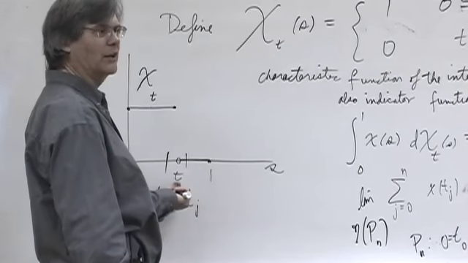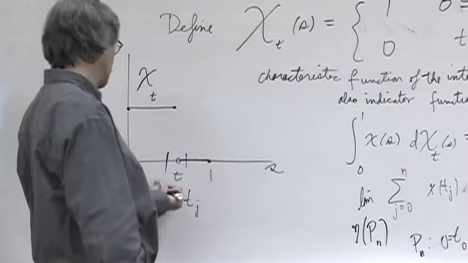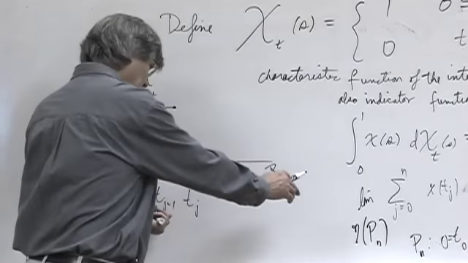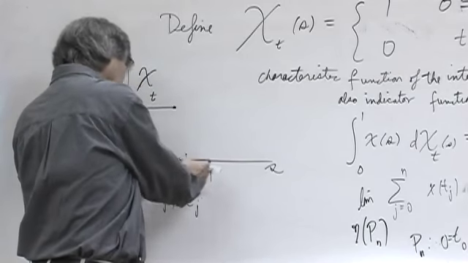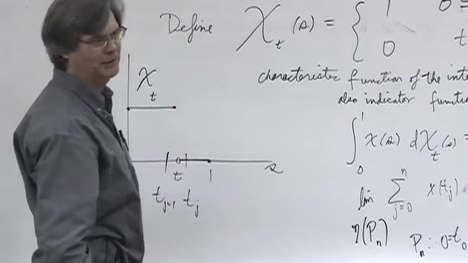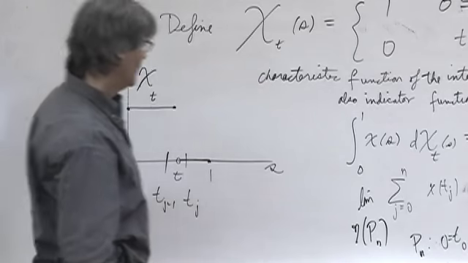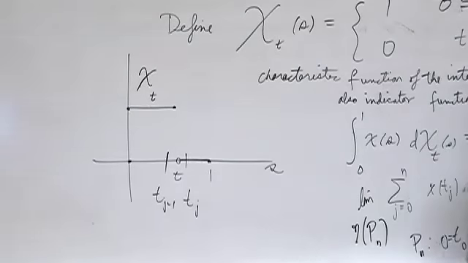and then t_{j-1} and t_j are going to converge to t, if I pick just the t_j as the gap of the partition goes to 0, and I pick the j and the j minus 1 so that they just overlap t. So this is simply equal to the limit of negative x of t_j as the norm of the partition goes to 0, which is equal to negative x of t.